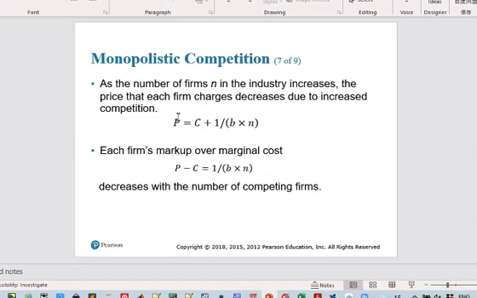Now, P is the price charged by the firm. Let's make it clear, this is not capital P. Let's change that, this is a small p.